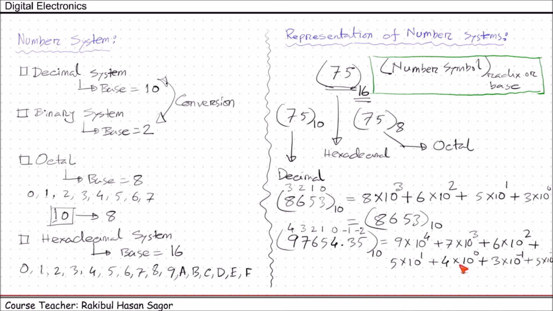This is how we express a number as the sum of values of each digit. We are concluding here.